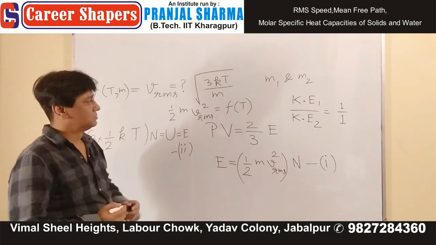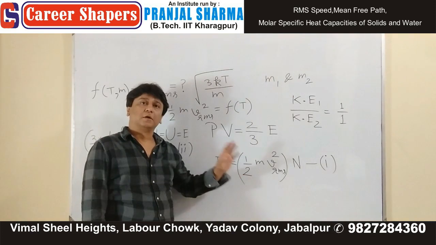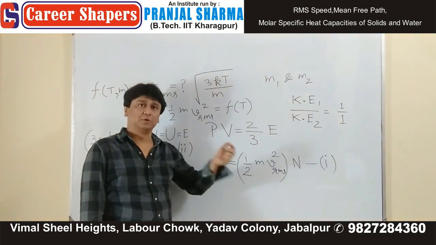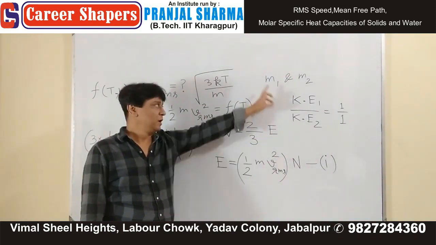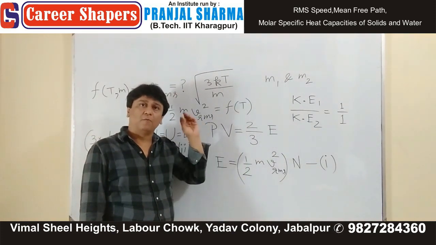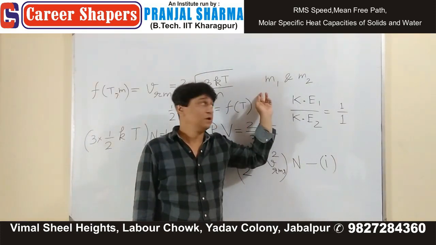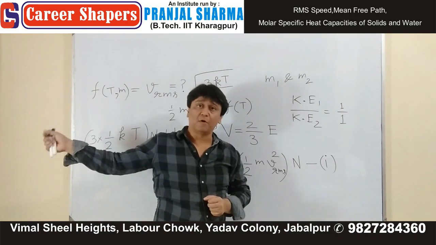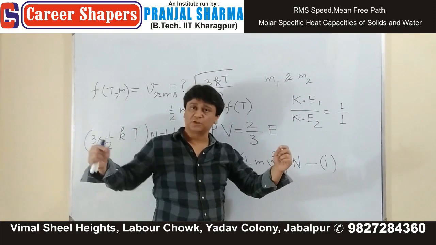Note on this. Remember, we are talking about average. As I've told you, it is quite possible that if somebody looks at a given atom of type 1, if you go for a very powerful microscope and you can see an atom of M1 and a second atom of M2, another atom of M2, it is quite possible that it is at rest, whereas this one is moving.